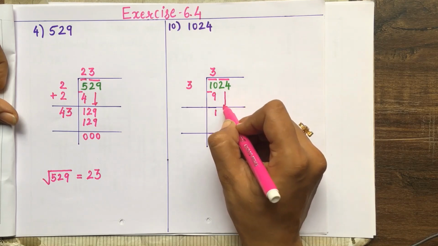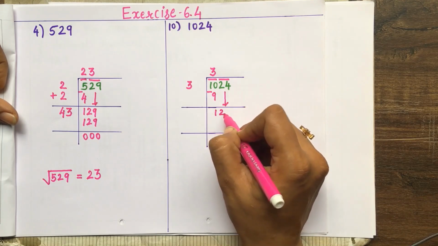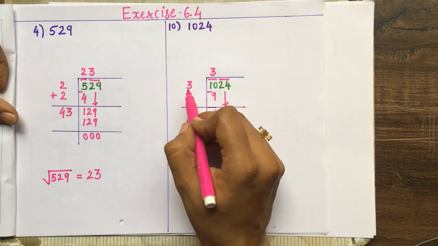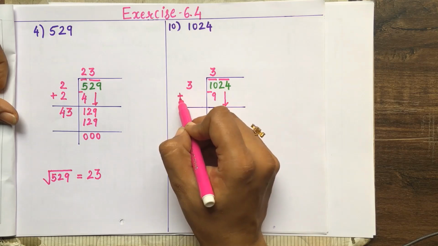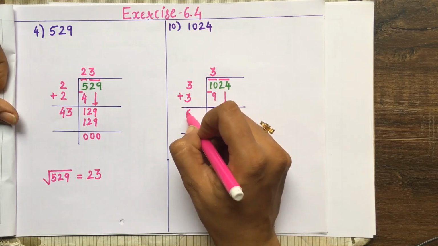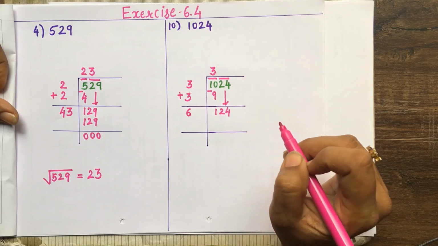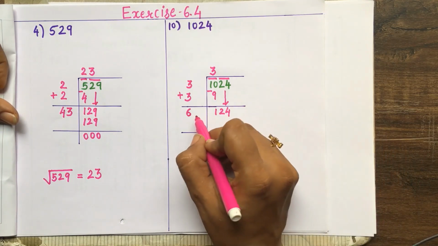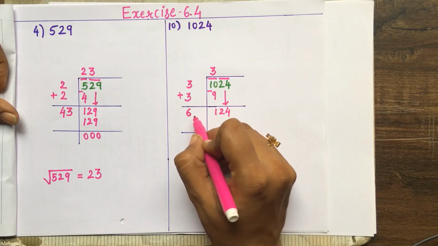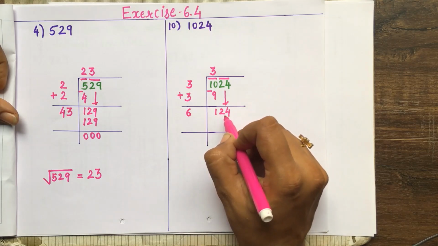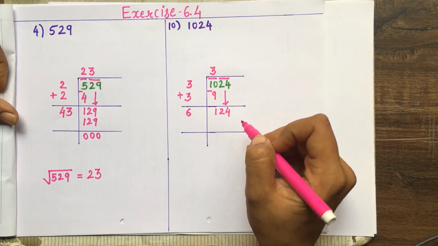Now we'll bring this 24 down, so the new number will be 124. This 3, same number we have to add over here, so it will be 6. Okay, now the next step is we have to choose a number over here on the unit place with 6, such a way that the product will be less than or equal to 124.